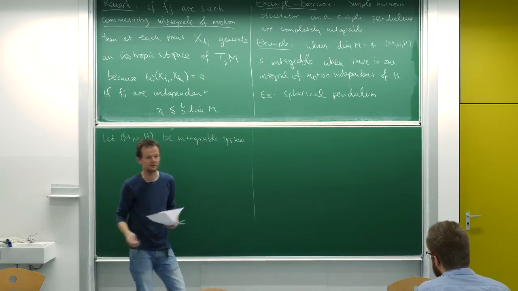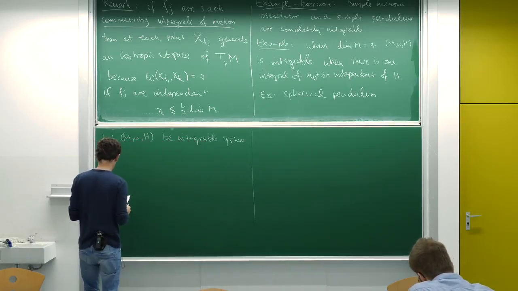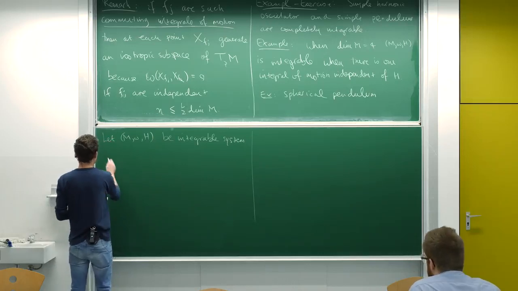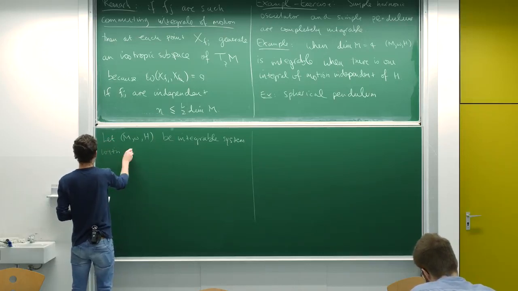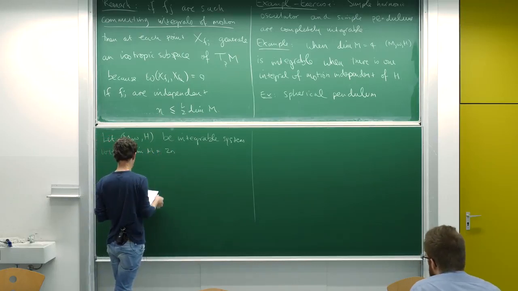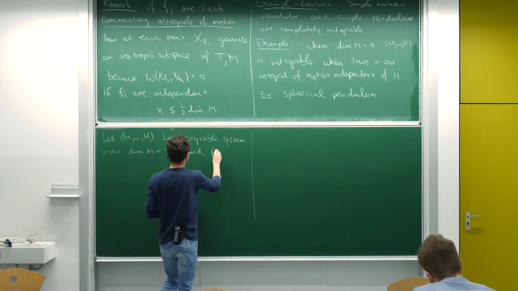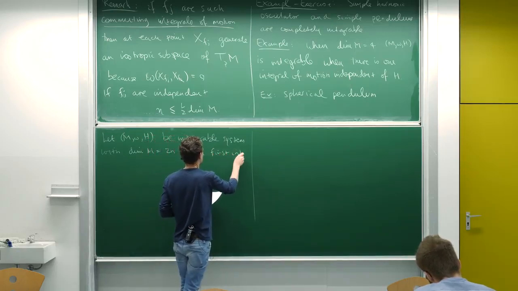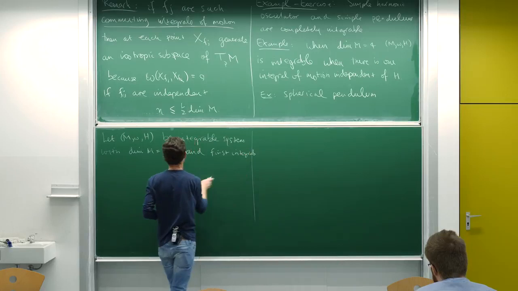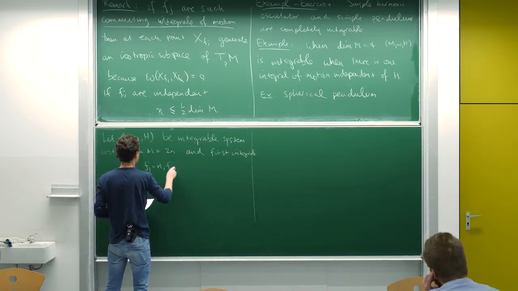So let's suppose we have one of these special integrable systems. We have a lot of independent first integrals. Make it 2n dimensional, and we have our list of first integrals. There are n of them, and the first one is the Hamiltonian.